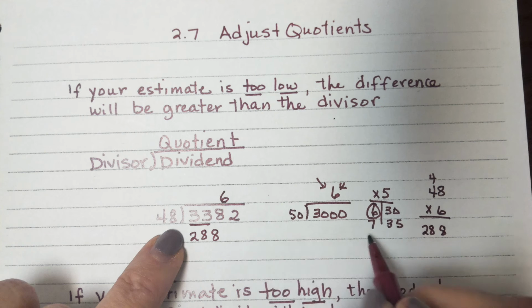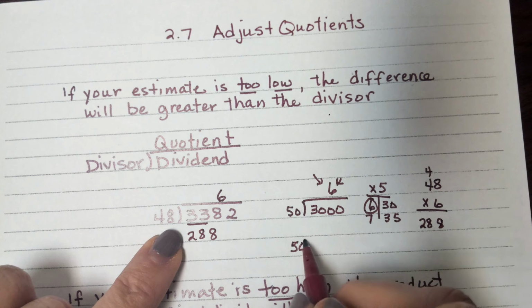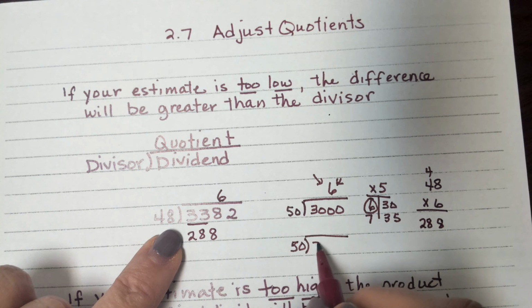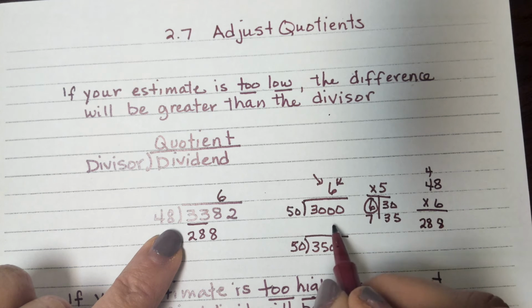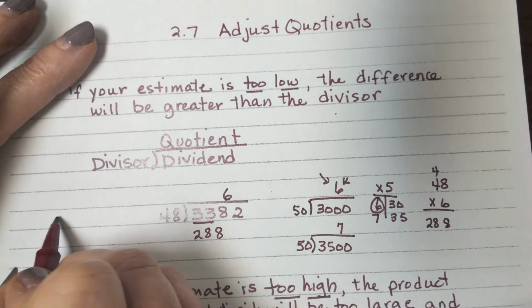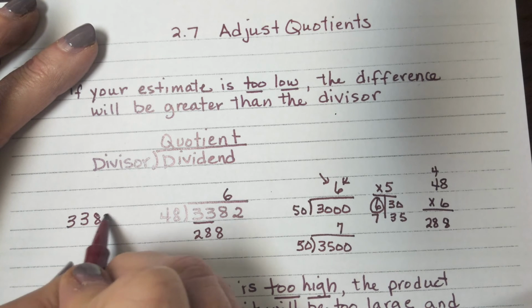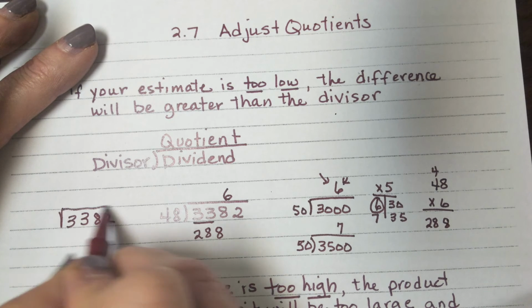What if I change this time instead of doing 6? What if I do 3,500? I'm going to use the digit 7 as my first digit. So I'm going to rewrite this as 3,382 divided by 48.